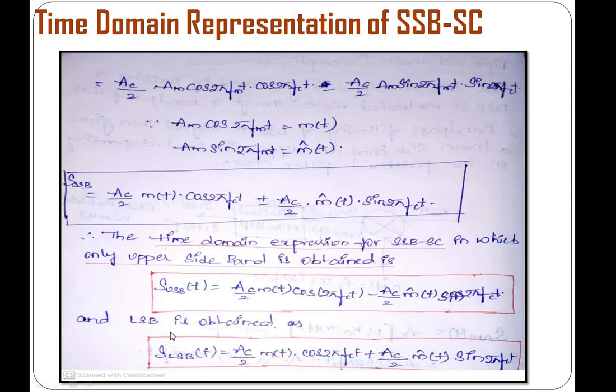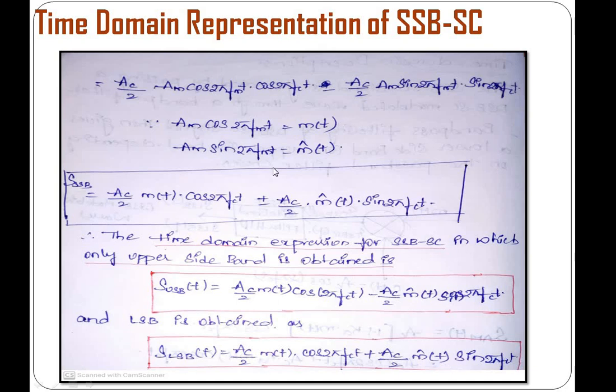If only the upper sideband is obtained, then what is the formula? Ac/2 m of t cos 2πfct minus Ac/2 m cap of t sin 2πfct. And again, if the lower sideband is obtained, what is the formula? SLSB of t is equal to Ac/2 into m of t cos 2πfct plus, here you are seeing plus, Ac/2 m cap of t sin 2πfct.